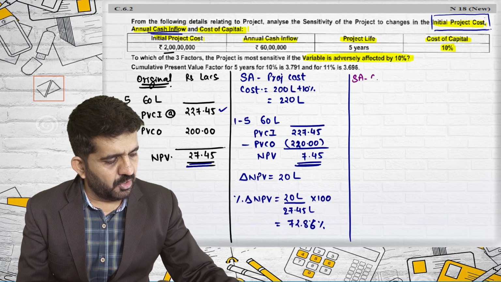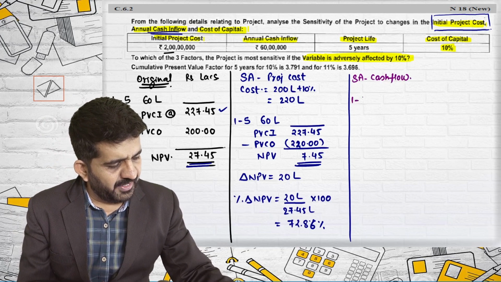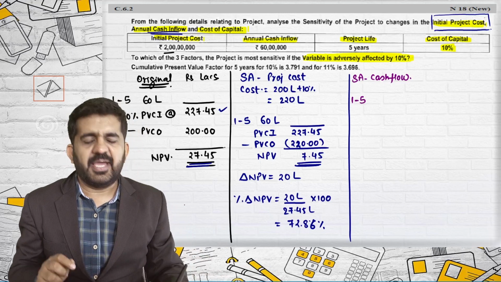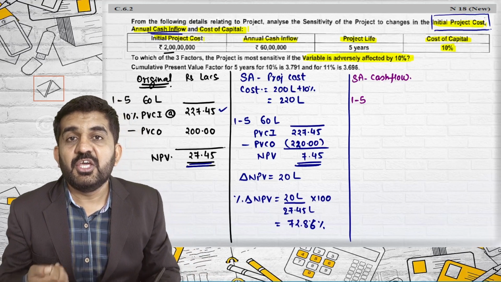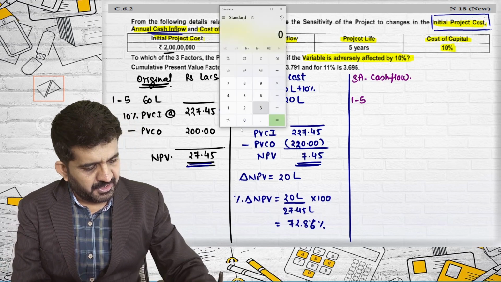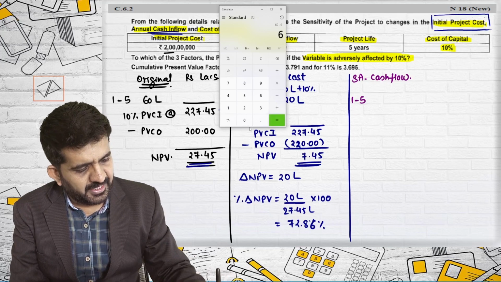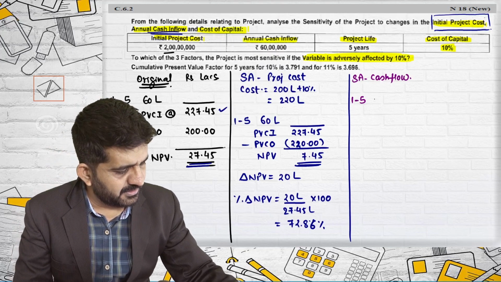Sensitivity analysis of cash flow. My cash flow from 1 to 5 years was 60 lakhs. If it is adversely affected, it will decrease by 10%. 60 lakhs minus 10%, which is 54 lakhs.